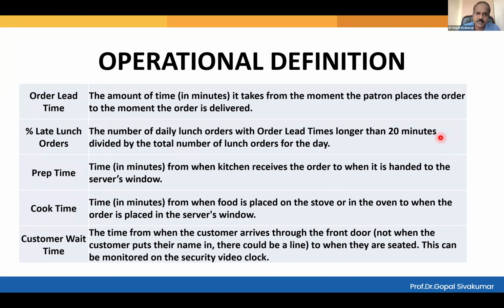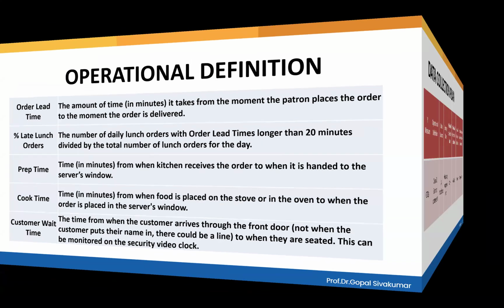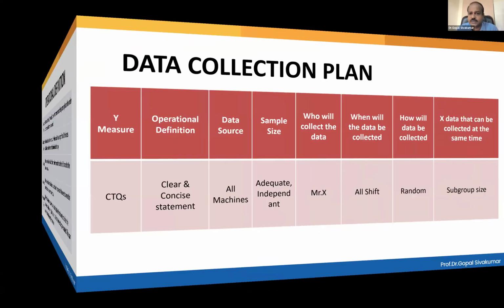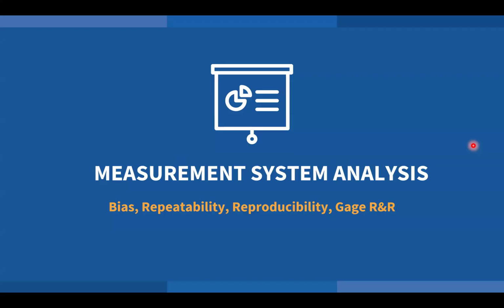One assignment is to create a project charter. In that project charter, if you say rejection rate, you have to define it. If you say motor speed, you have to define it. If you say turnaround time, you have to define it. And the data collection plan, who should collect and how much data, what frequency, and all that, you must have a clear table.